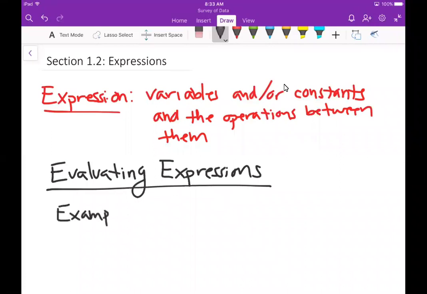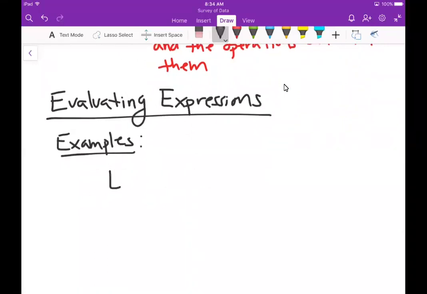So here is an example, okay? Actually, we're going to look at several examples here, okay? Our first one is to evaluate, here's our expression, x minus 4. We have a variable x, we have a constant 4, and we have the operation of subtraction between them. So that's an expression. We're going to evaluate that expression for x equal to 7.